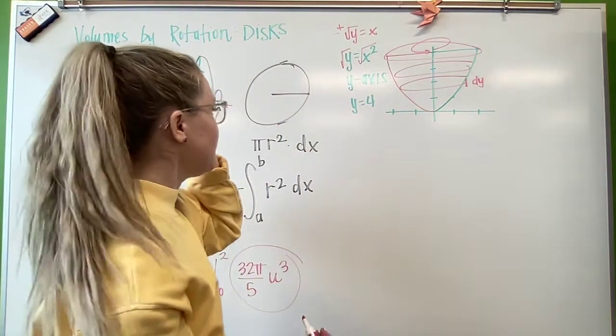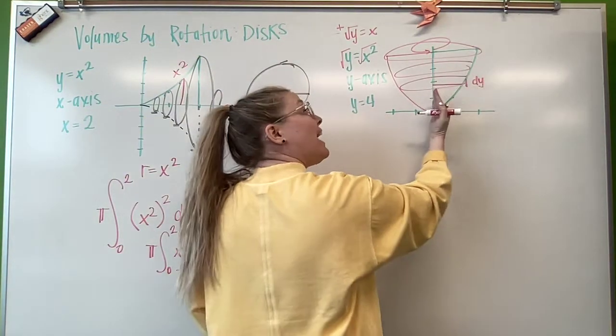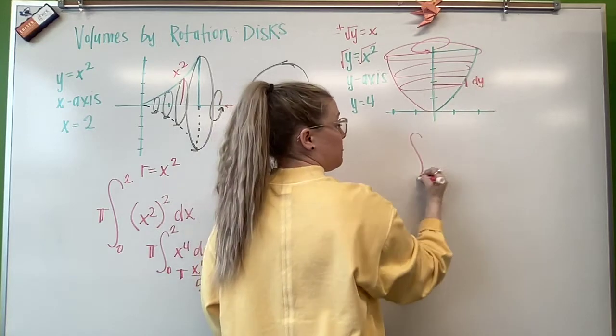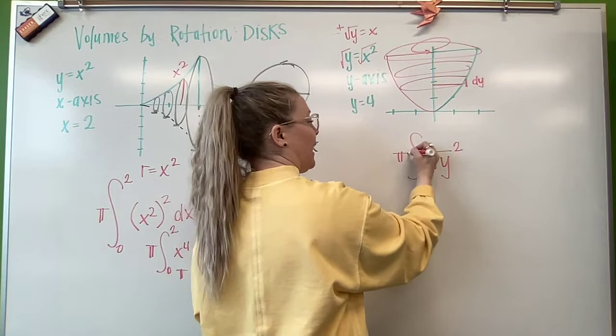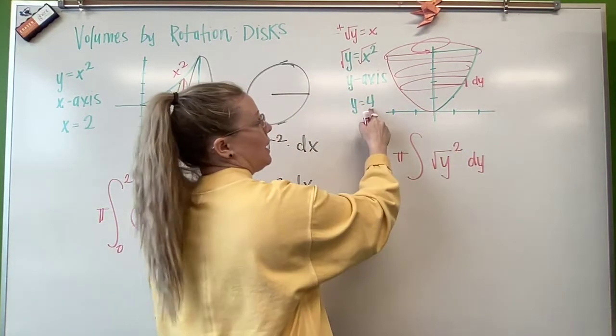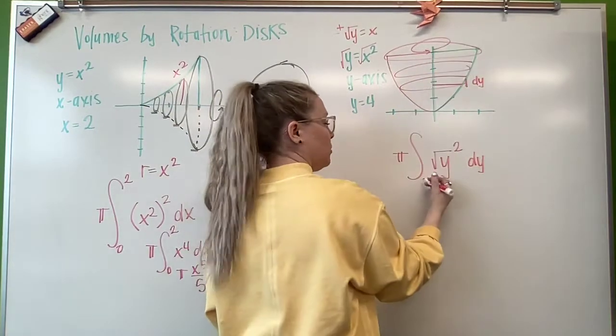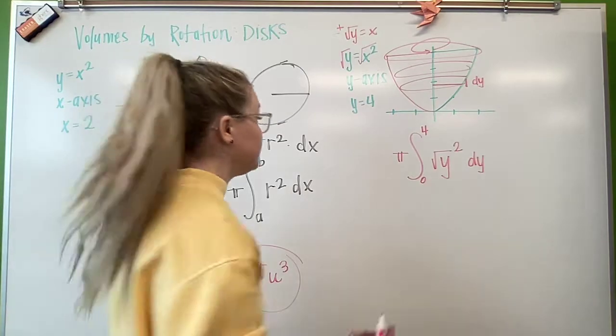Okay? So here, my radius is the distance from the y-axis to my function, which is the square root of y. So pi r squared, give it a little bit of depth, dy. And since we're stopping at 4, we're going to go from 0 to 4. And now we just got to solve.